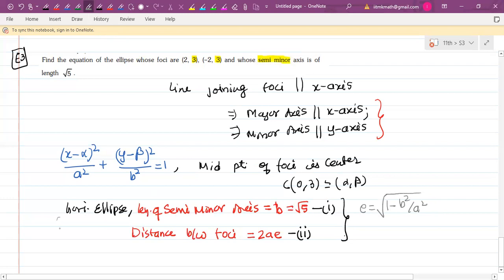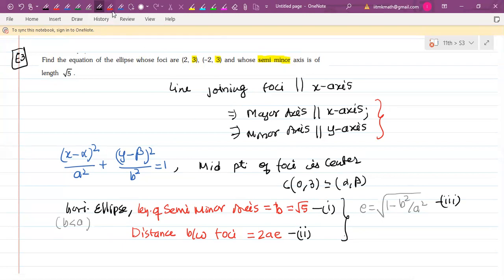Whenever you say horizontal ellipse, it means b is less than a and both are positive numbers, right? So this is the third equation. That much you're supposed to know first of all.